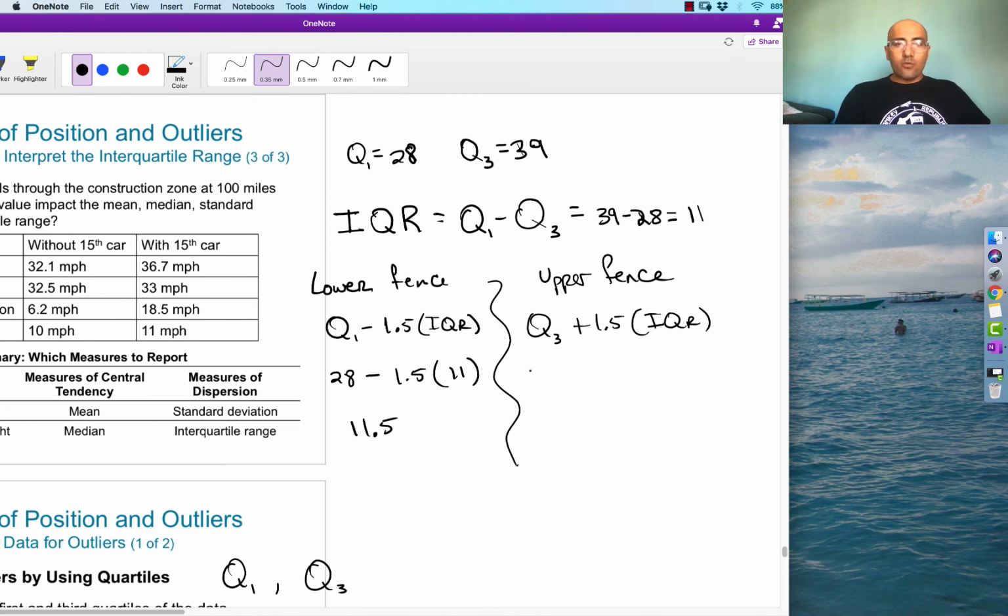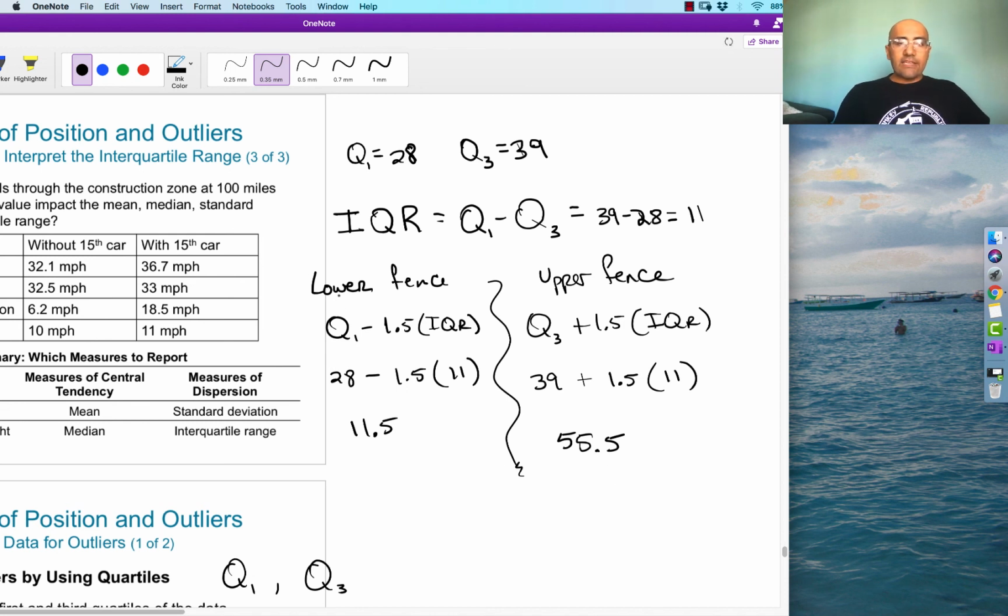So that'll be equal to 39 plus 1.5 times 11, which gets me to 55.5. That means that any score that's below the lower fence or above the upper fence will be considered an outlier.